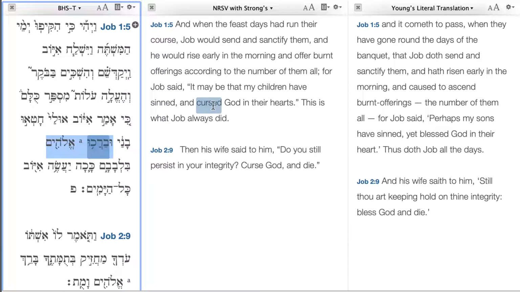And Brunn suggests that this is a case where the concept of bless here implies curse, and so we have to make this sort of linguistic, semantic shift in our minds from barach, bless, to be translated as curse, or blaspheme, or disrespect, or however you want to go with it.